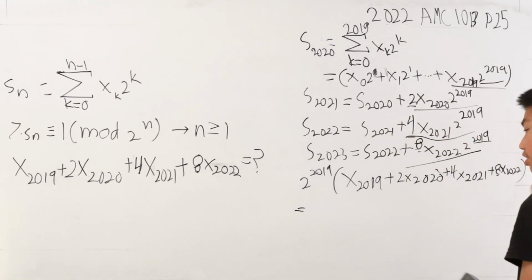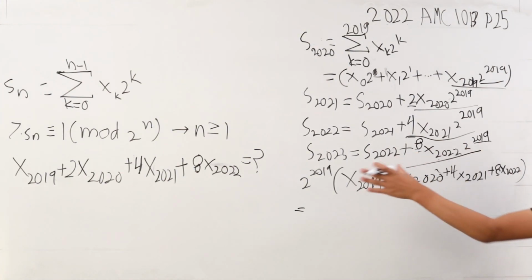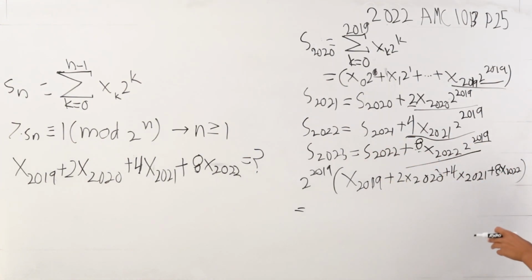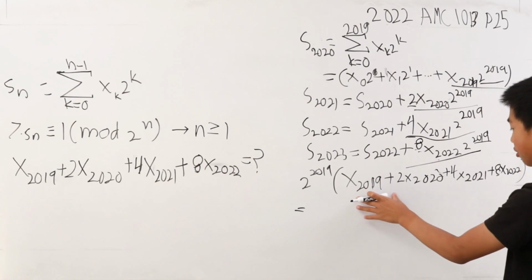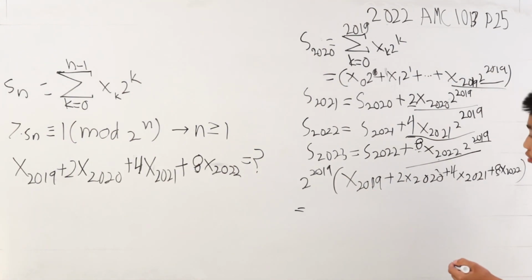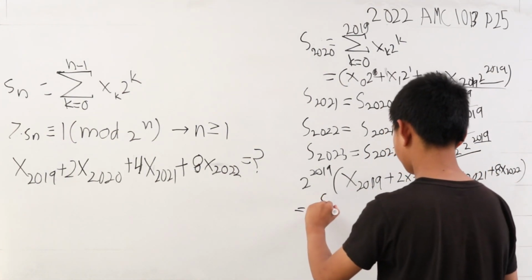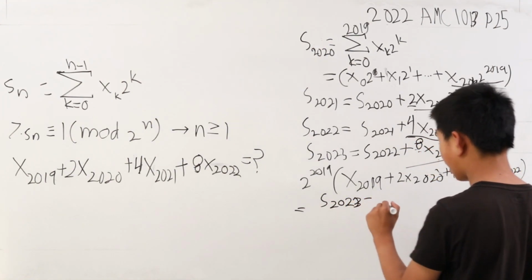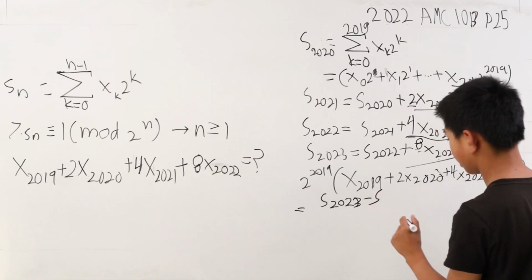Now, what is this equivalent to? Well, these are just the last 4 terms in S of 2023. We want to keep these 4 terms, but subtract all the others. So it's going to be S of 2023 minus S of something.